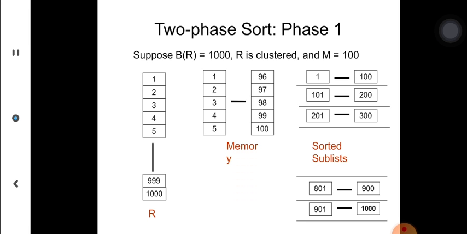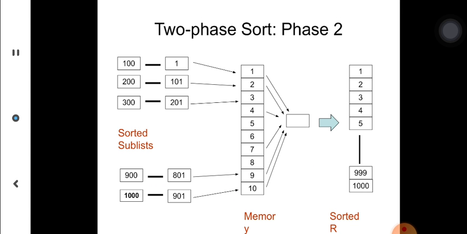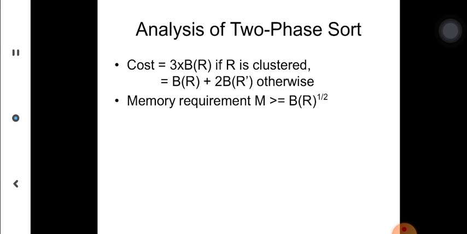So you have a relation R, and then you have memory by chunk, ultimately sorted sublists, and then all sorted sublists are joined together. Phase 2: because you now have sorted sublists as input, you bring them into memory, and ultimately you produce a sorted relation. So we call this a two-pass algorithm. With phase 1 and phase 2, we have two different ways to sort.